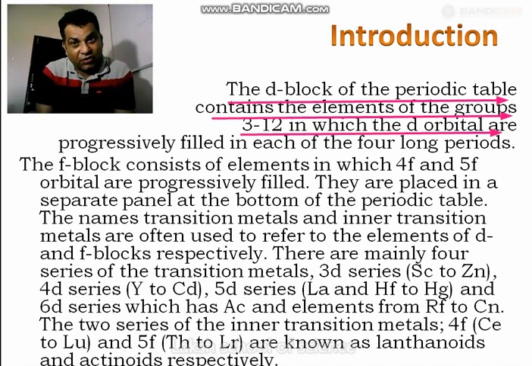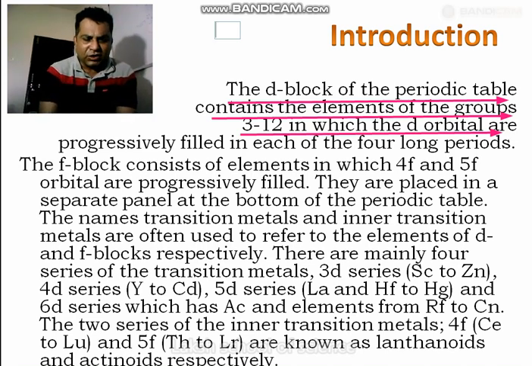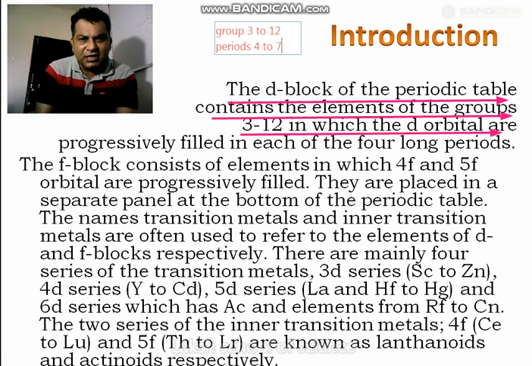This is the notation of the D block that you have to remember. D block elements have groups 3 to 12 and periods 4 to 7.